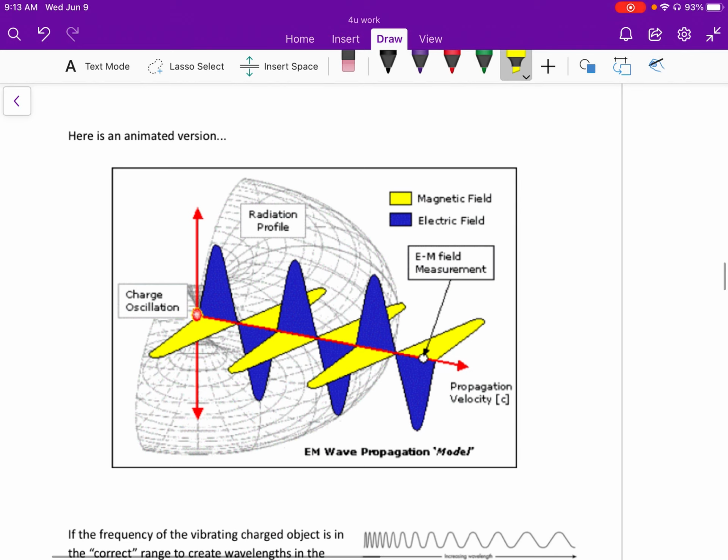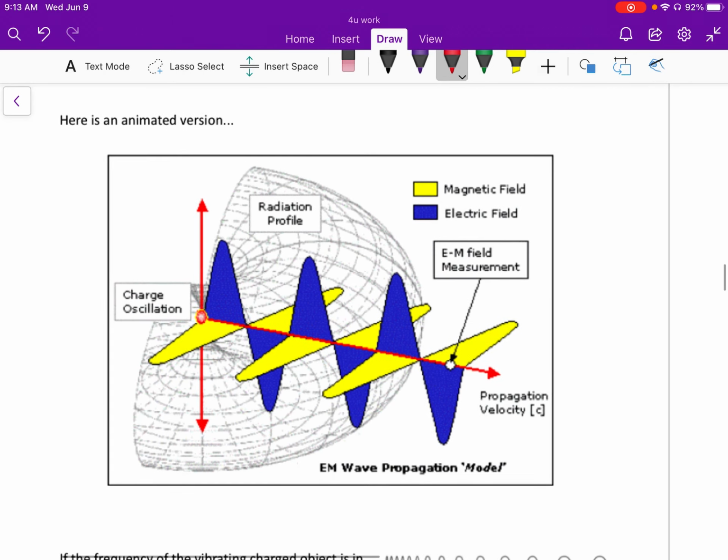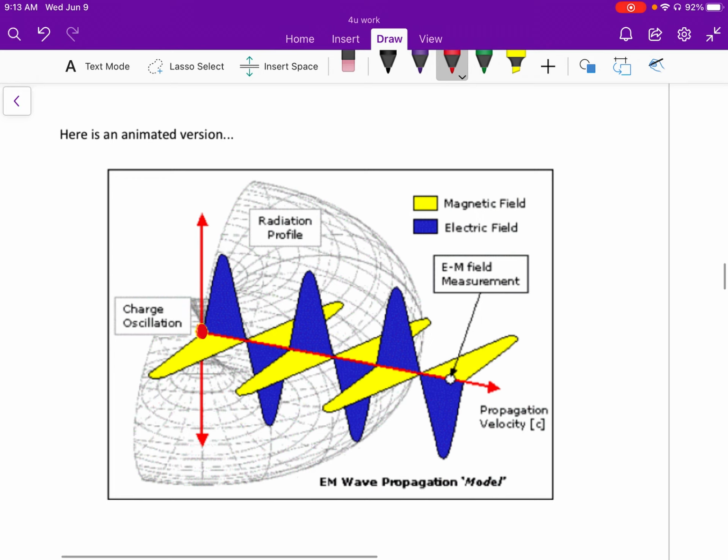This one, again, it's not animated on my screen, but this one's a little bit rougher. But if you look back at the Google Doc, way back here, kind of in red, is their charge, and it's wobbling up and down. As it wobbles up and down, it creates an oscillating magnetic field. They've chosen to use yellow for their magnetic field, and it's dots and X's.